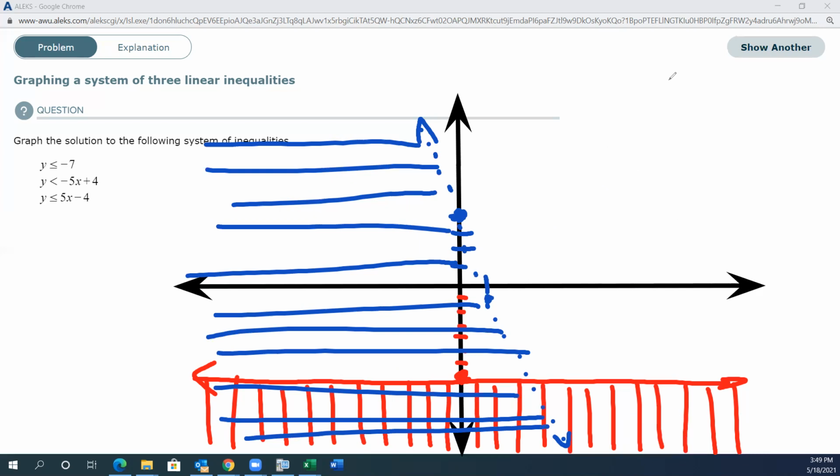Okay, cool. Now the last one, this is way easier with multiple colors. The last one has a y-intercept of -4, sorry. So 1, 2, 3. So right about there. And it has a slope of 5. So 5 over 1. So up 1, 2, 3, 4, 5.